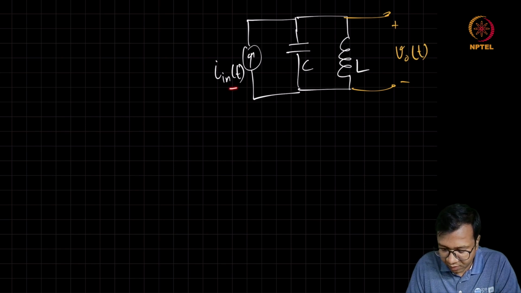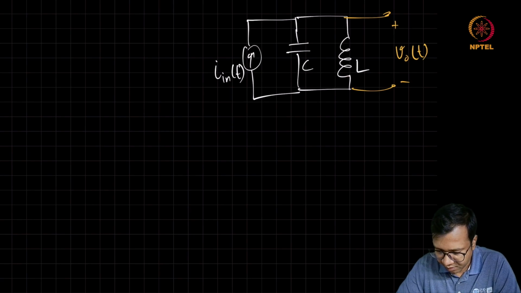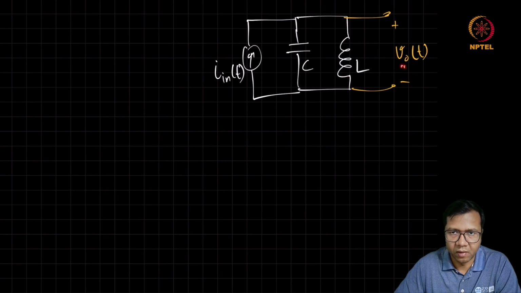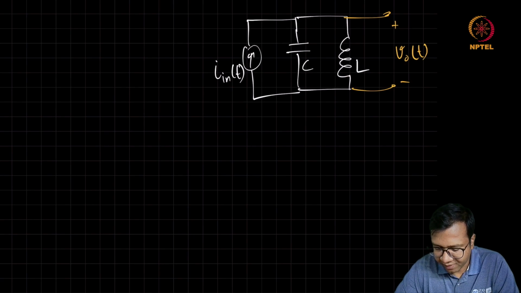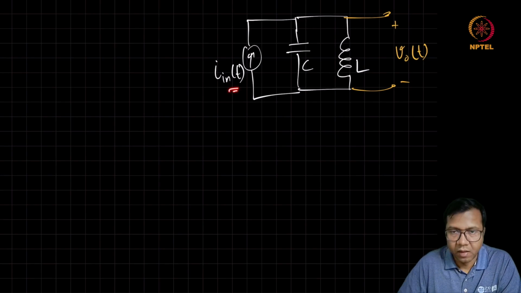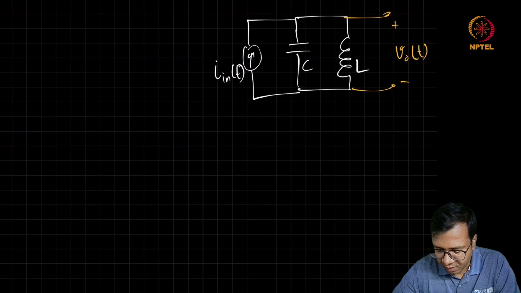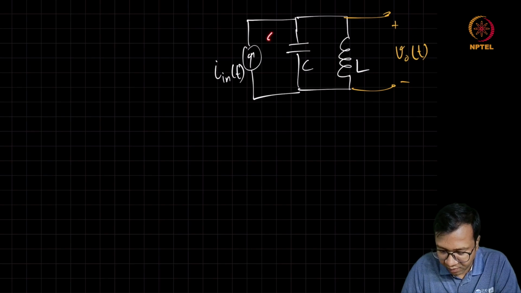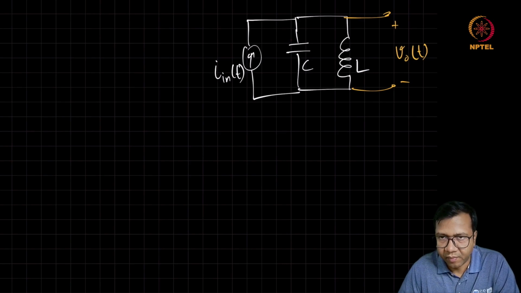So if the current is 0 and the capacitor and inductor are not initially charged, then this V0 is going to be 0. If you want to excite the system, that can be achieved by applying an impulse from this current source, and this impulse current is going to charge the capacitor.